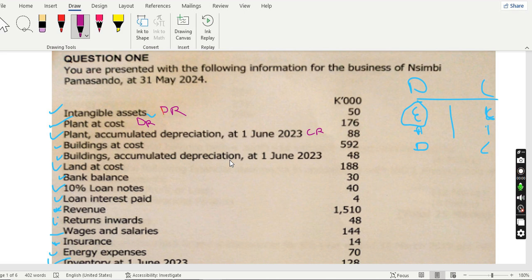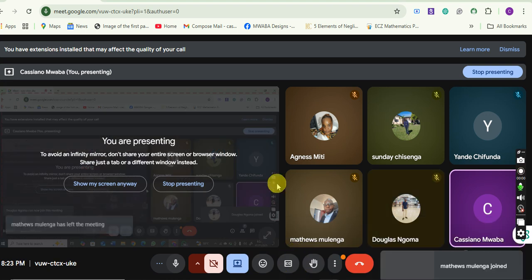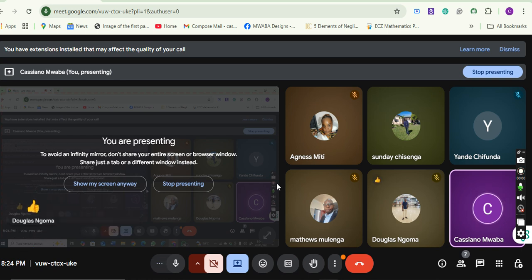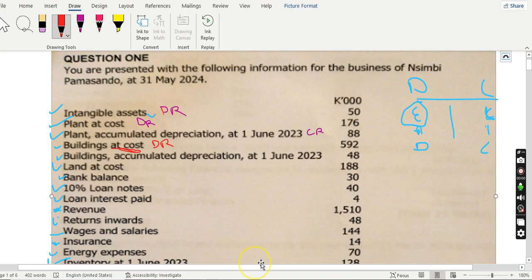Buildings at cost, it's going to be debited because these are expenses. It's an asset, non-current asset. Don't let this "at cost" misguide you. Remember, according to the international accounting standards, assets are valued at their cost. Okay, so thank you for that, sir.